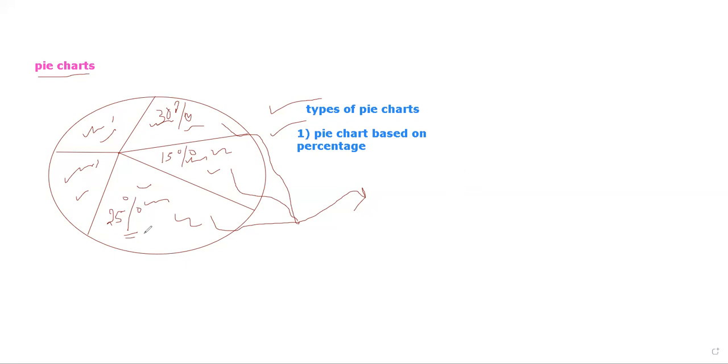For example, this is 25% here. Now I will write here: percentage value of component. This is the formula, remember this is the formula. Percentage value of component, divided by 100.